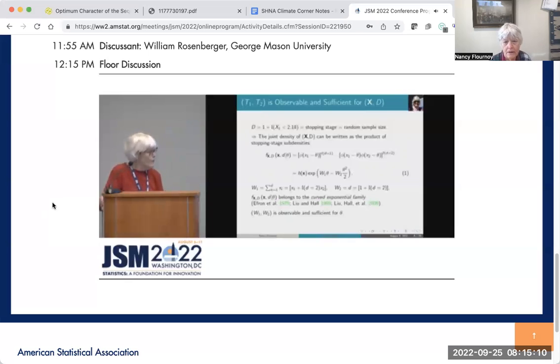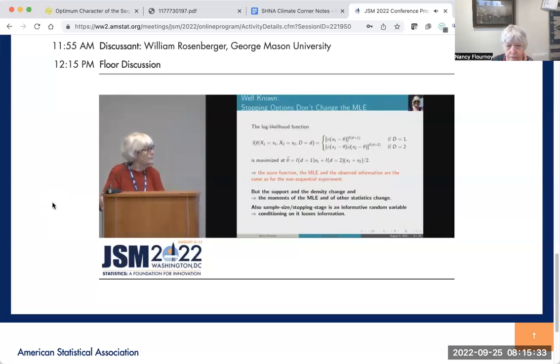And so if we rewrite our statistics with these indicator functions in here, we end up with a W1 and a W2 that go into the expression of the curved exponential family. And they're sufficient for theta. So it's not like just X bar is sufficient for theta. You got two things there, so you got a bivariate random variable.